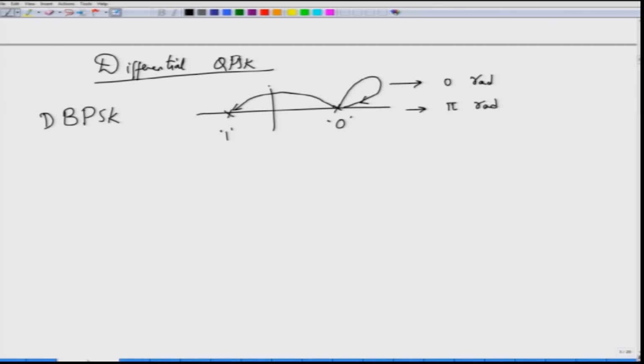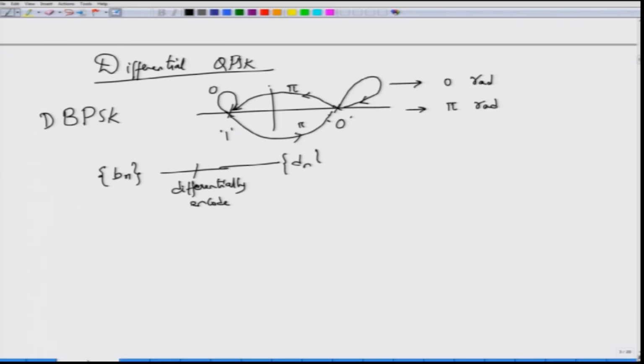If my present bit is 1 and the next bit is 1, then I am in the same phase situation, so I represent this one by a 0 phase. I represent these transitions by pi. Similarly, I represent this transition by pi. In order to implement a DBPSK modulation, you simply use the same BPSK modulator, except that instead of sending the straight bit sequence, you differentially encode them to generate the differentially encoded sequence.